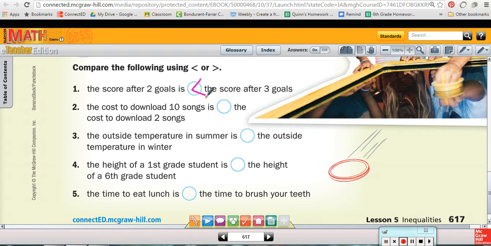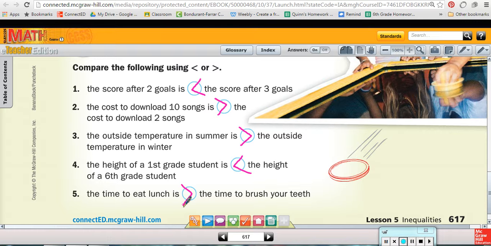The cost to download 10 songs is what the cost to download 2 songs? Greater than. The outside temperature in summer is usually what the outside temperature in winter? Greater than. The height of a first grader usually is what the height of a sixth grader? Less than, usually. The time it takes to eat lunch is what the time it takes to brush your teeth? Greater than.